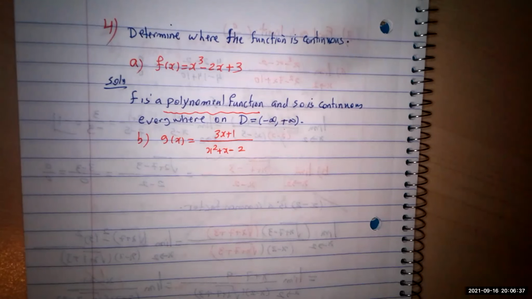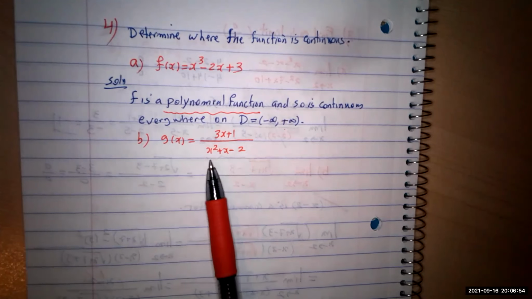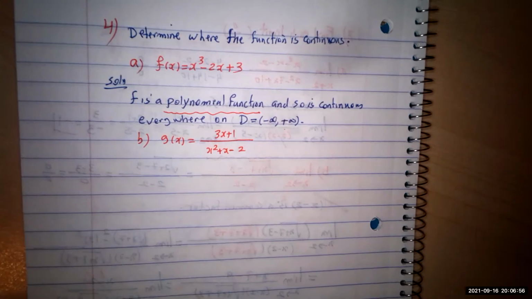The bottom one, x squared plus x minus 2, is a polynomial, it's continuous. We have a theorem that the quotient of 2 continuous functions is continuous. It's continuous everywhere except when the denominator is 0, like the domain.